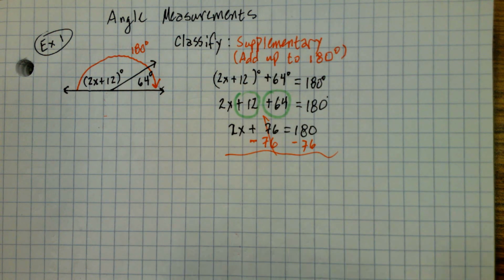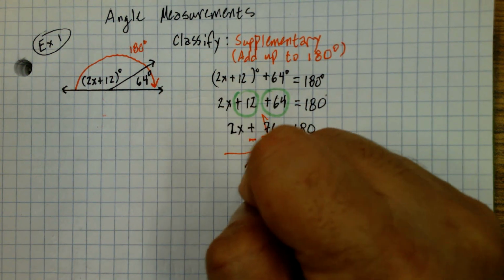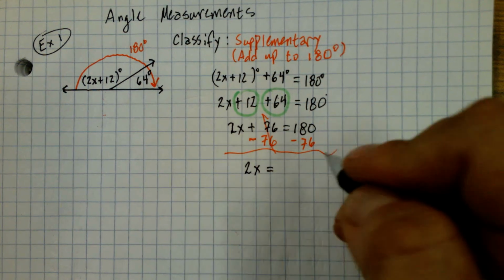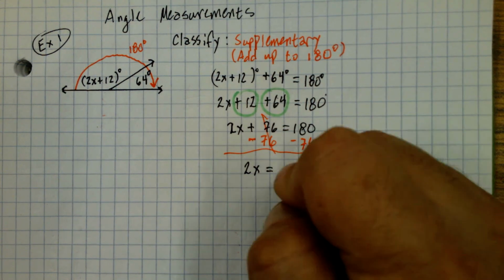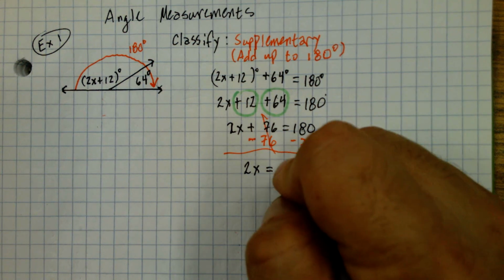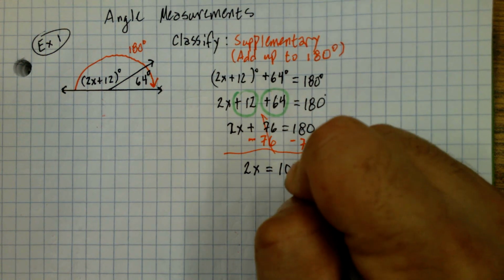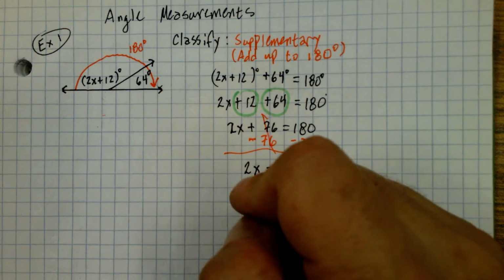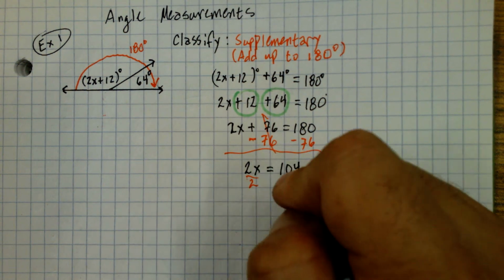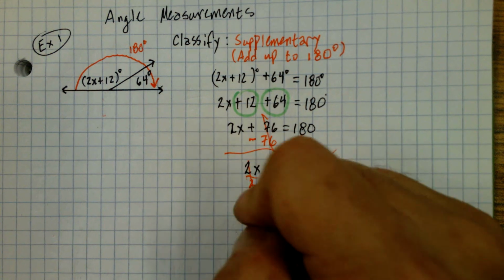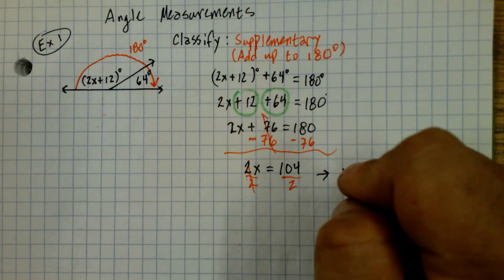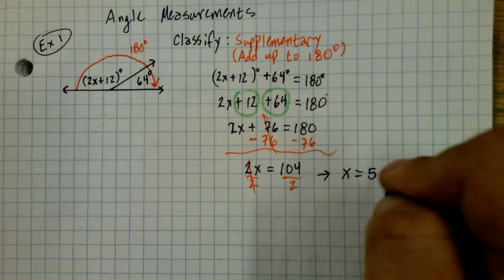And then we get 2x equals 104. And that's going to be 52 once we divide by 2. So we get an answer here. x is 52.